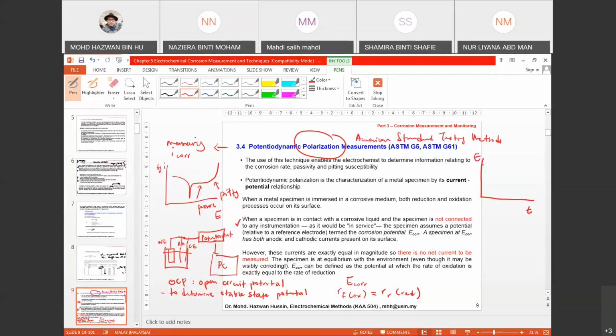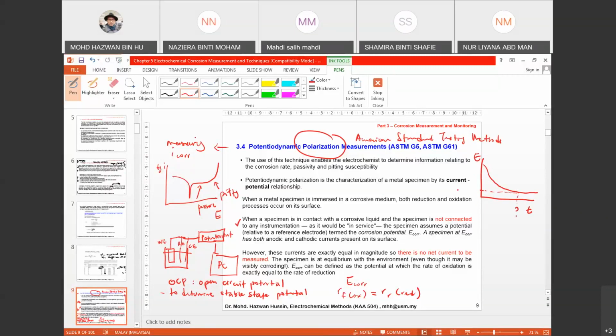You see that when your metal starts to corrode, it gives a behavior until it becomes stable. As you see over here, the potential response, if your metal is iron, you will see that the stable potential will reach at a certain time.